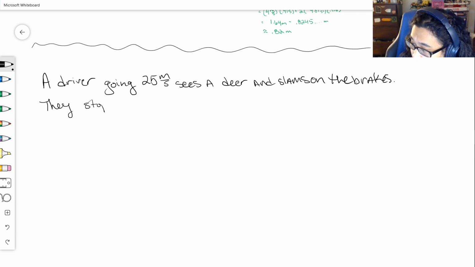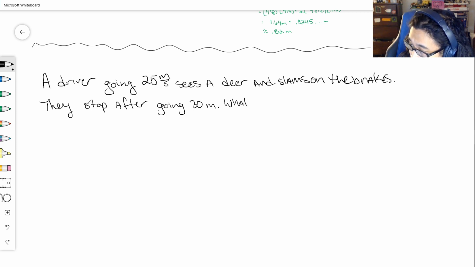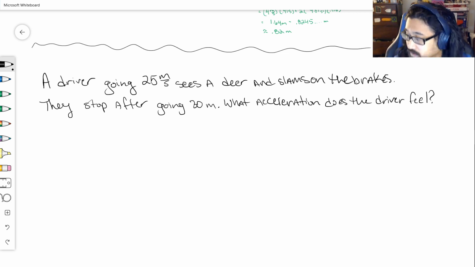They stop after going 30 meters. Let's not ask it like that. Let's ask what acceleration does the driver feel?